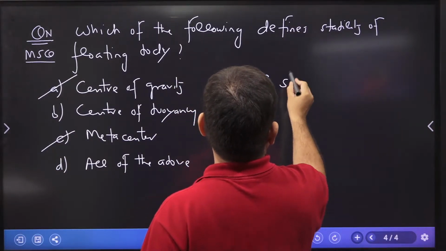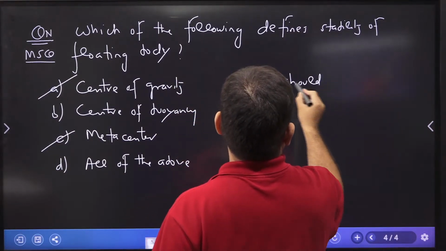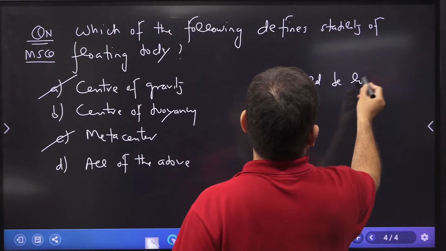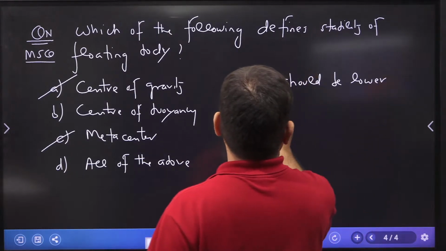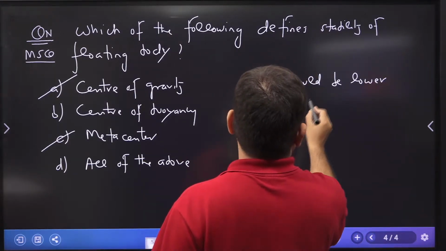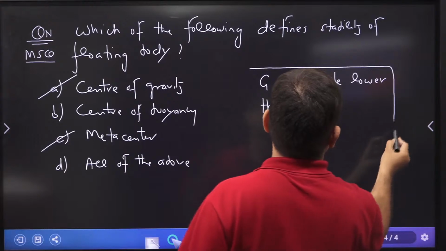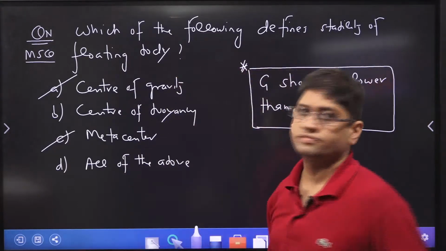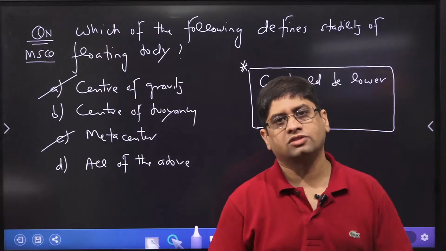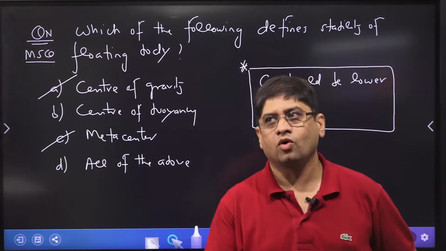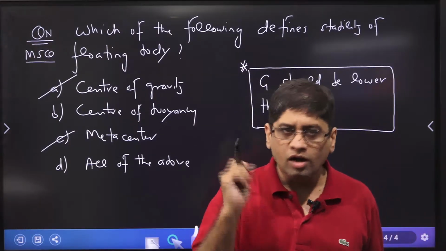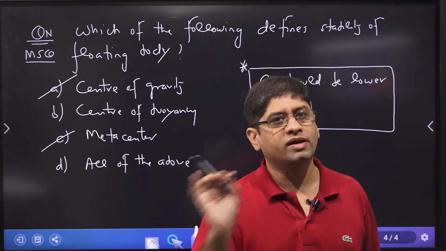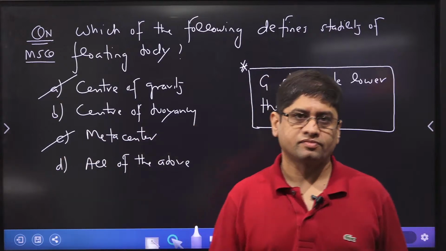G should be lower than M. ये है स्टेबिलिटी का कंडीशन. This is the condition of stability. Only metacenter will define? No. Only metacenter cannot define.